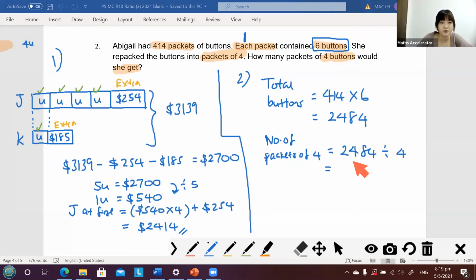Yes, so your answer will be 621. Okay, can now? This one quite manageable. Let's move on to question 3.